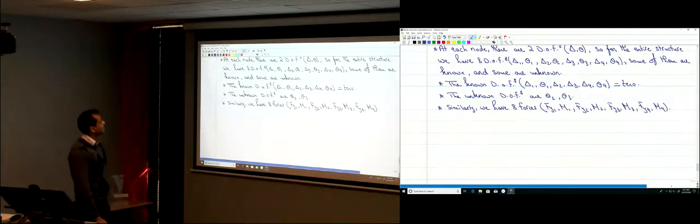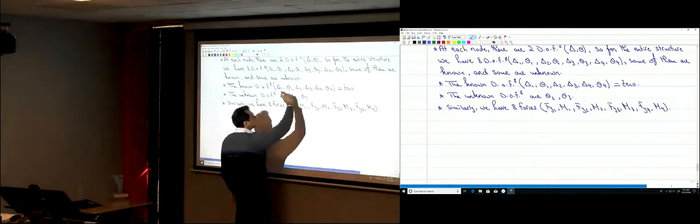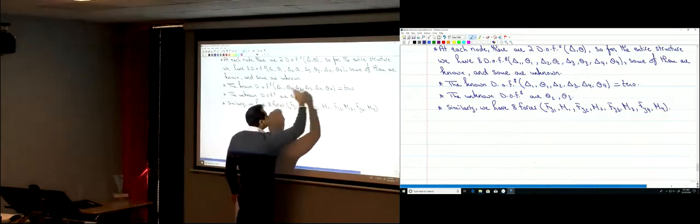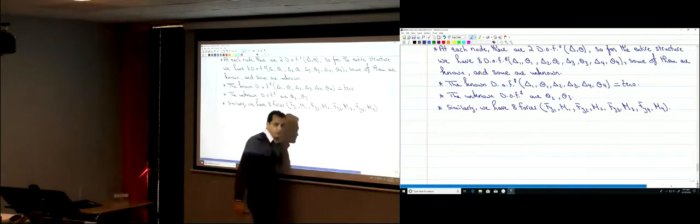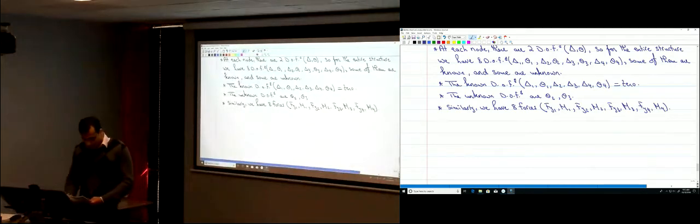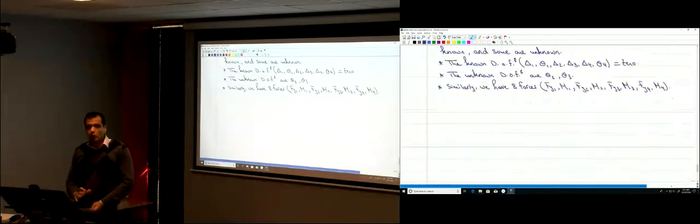And again, similarly to the displacements, some displacements were known, they were equal to 0, and some displacements were unknown. The forces also, those 8 forces, some of them are known and some are unknown. So what are the known ones and the unknown ones?